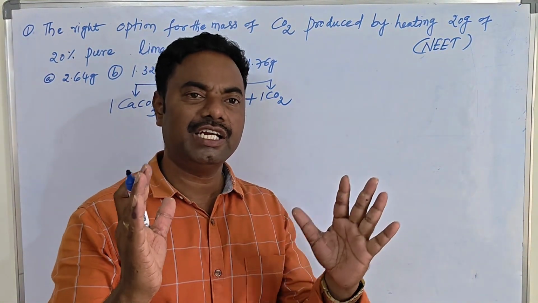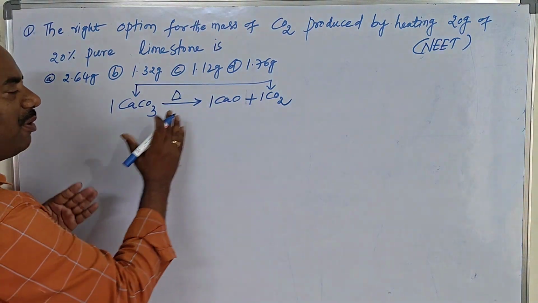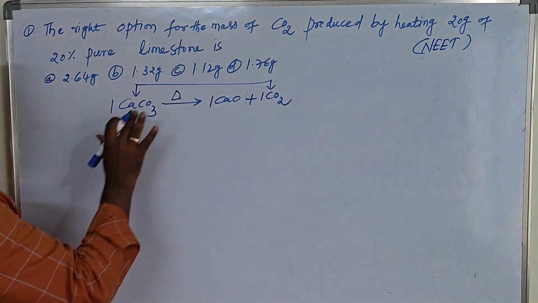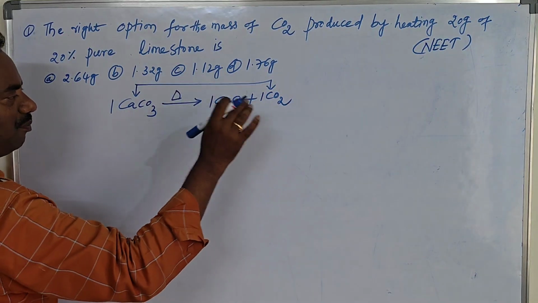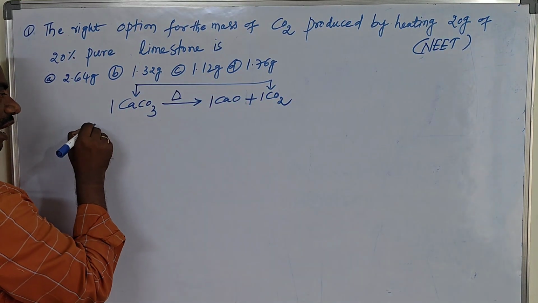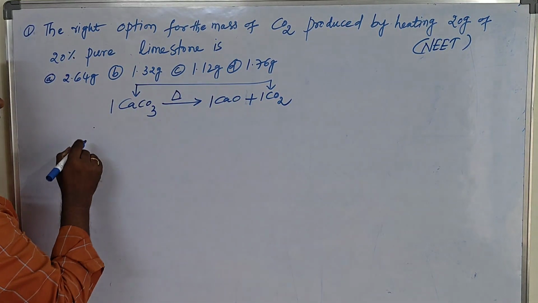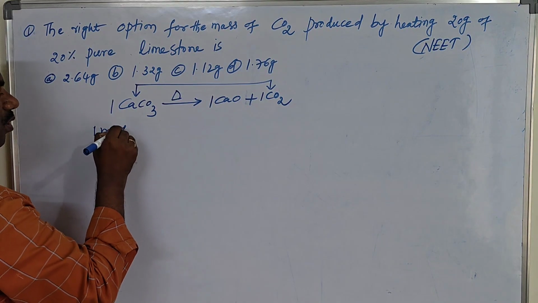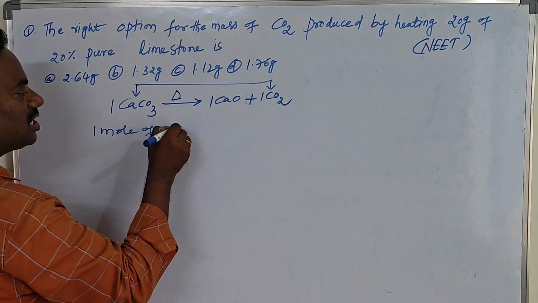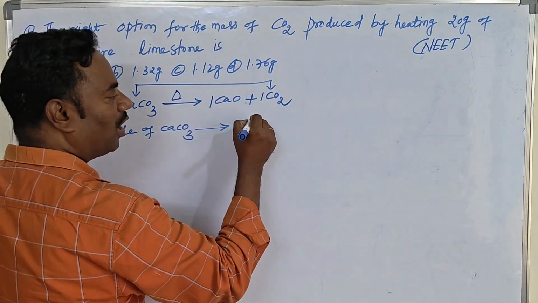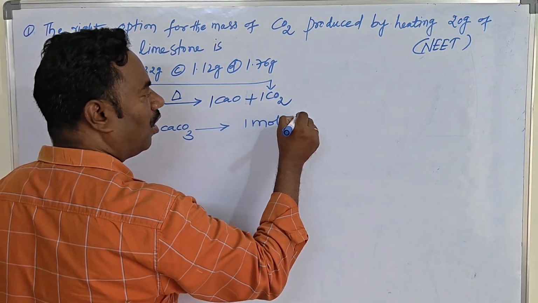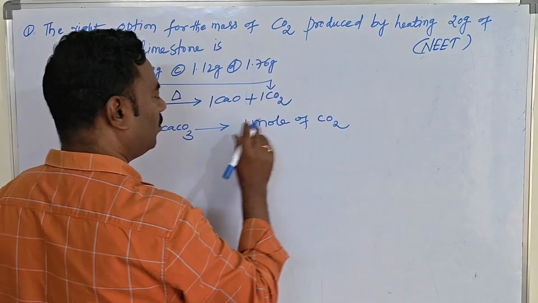There is a link between calcium carbonate and carbon dioxide. First I want to write the information from the basic chemical equation. I know from this equation that 1 mole of calcium carbonate when we heat, it can produce 1 mole of CO2.